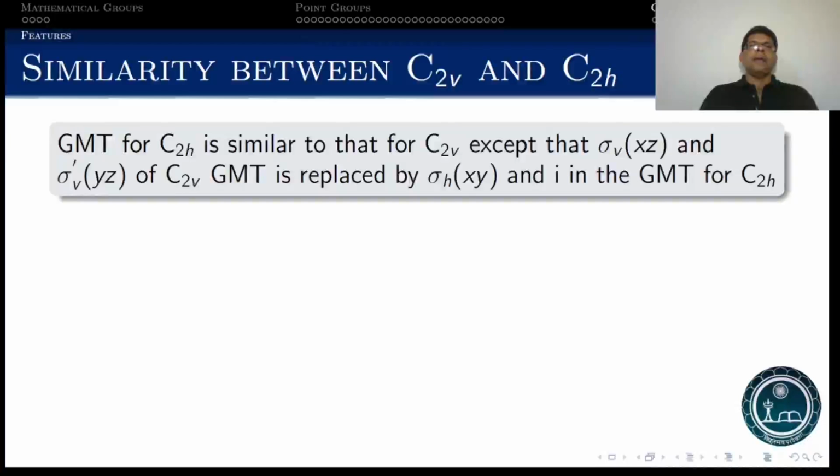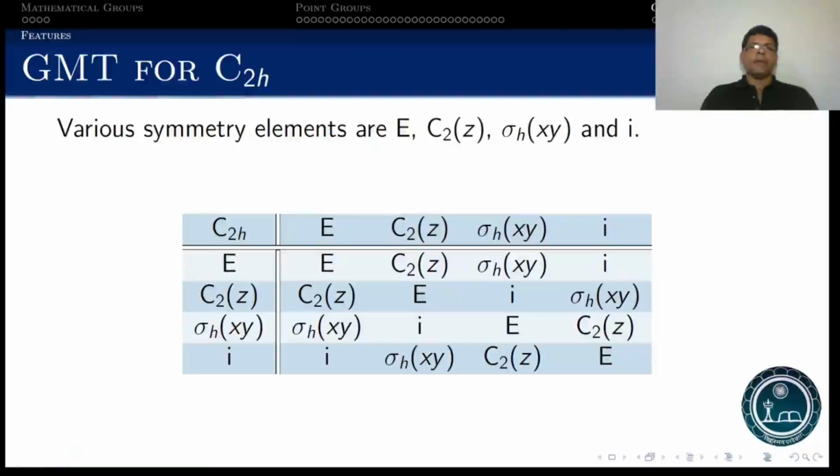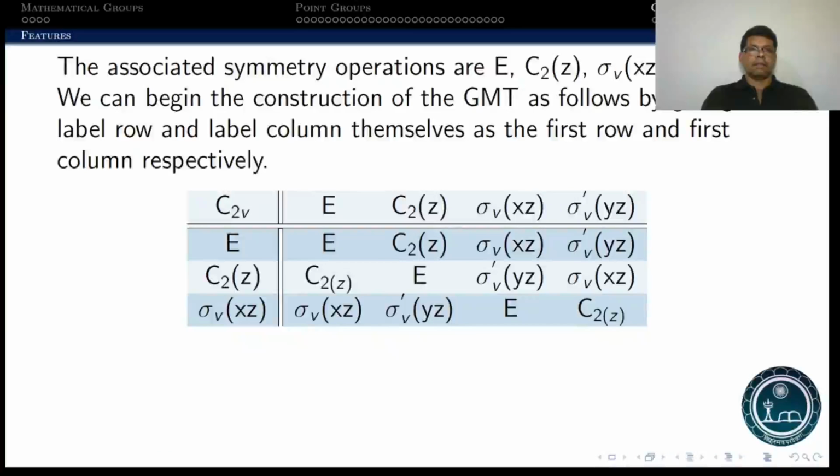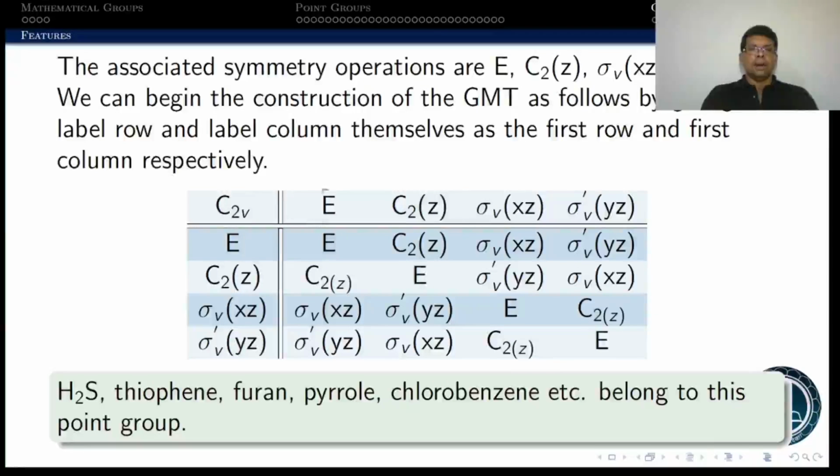Then the similarity between C2V and C2H. Let me go to the C2V point group once again. How many symmetry elements? 4 symmetry elements, so 4 column labels and 4 row labels.